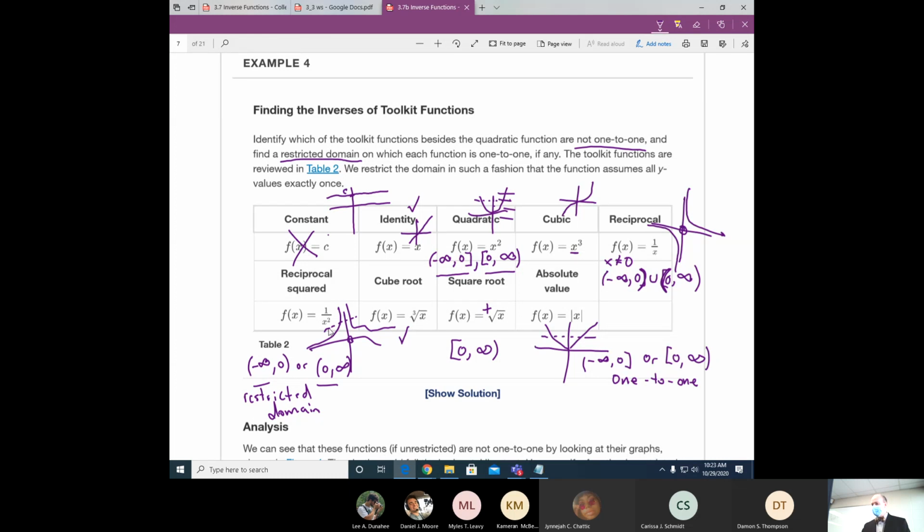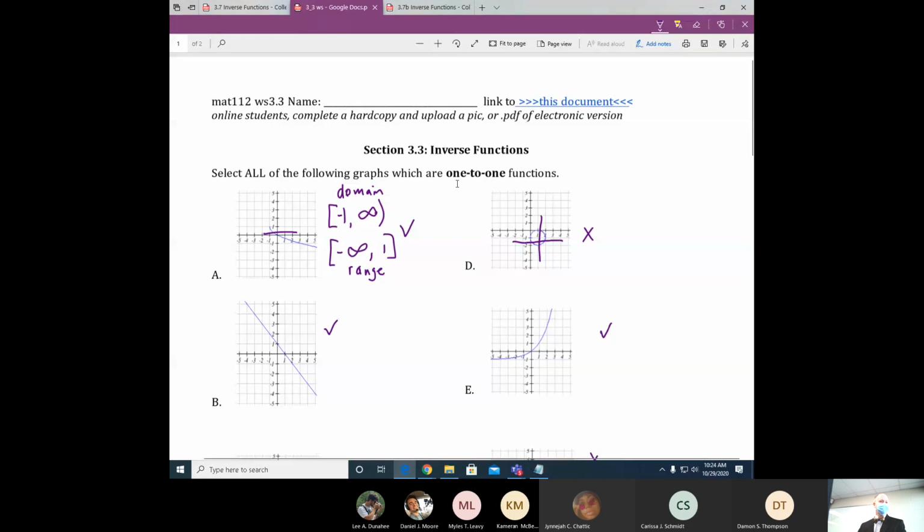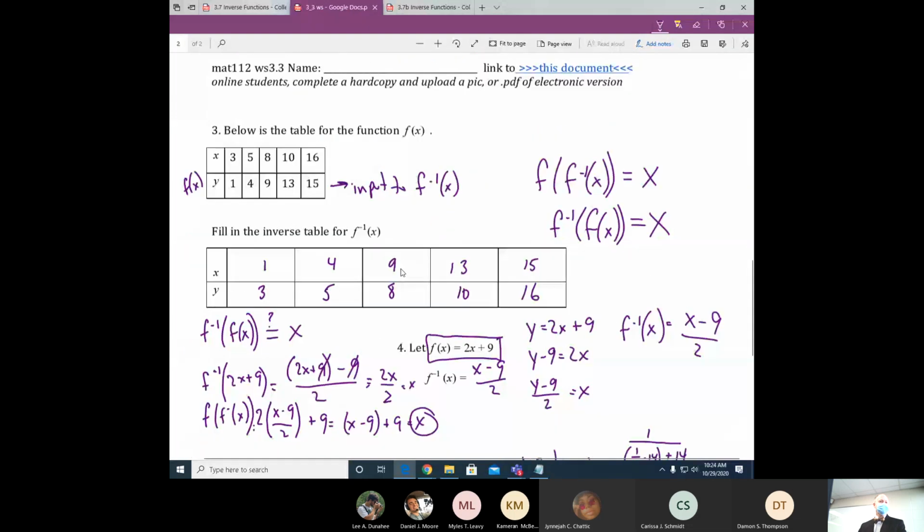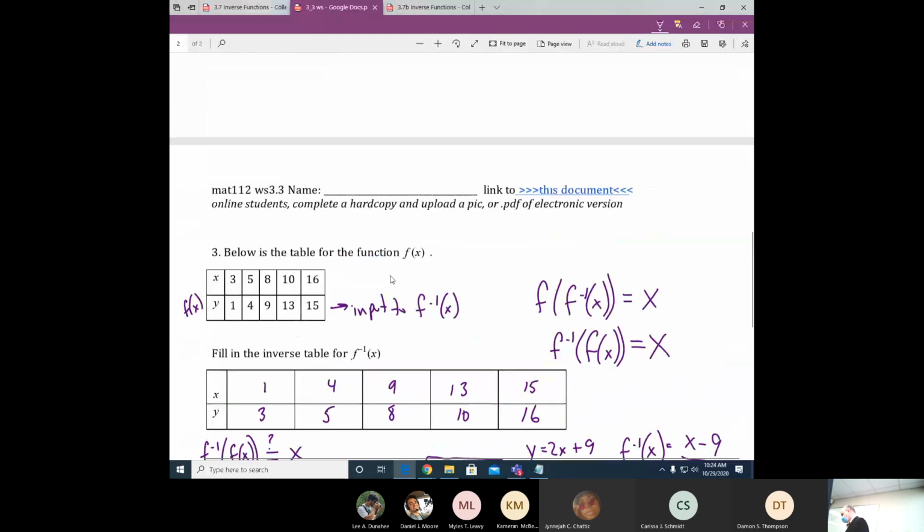All right, let's help you a little bit with finishing up that worksheet. We got it almost done last time. Let's get that finished. We went over the horizontal line test, checking one-to-oneness. Do you have any paper back? Oh, yes. This is 3.3.